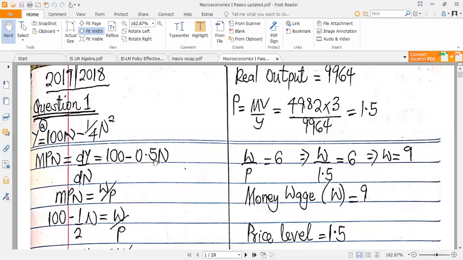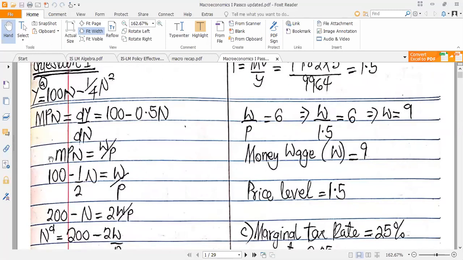So 100 minus 0.5N, and this is your MPN. If you want to find your demand for labor, equate your MPN to W over P and make N the subject. That expression that you get is your demand for labor.